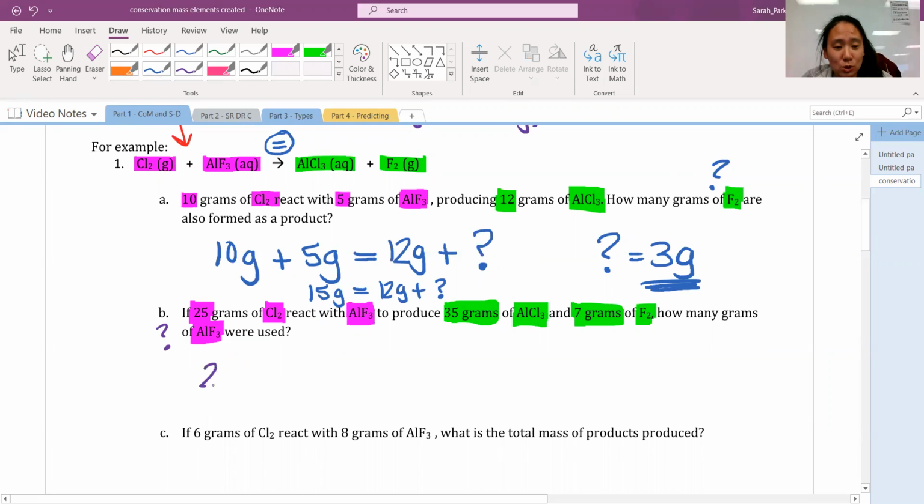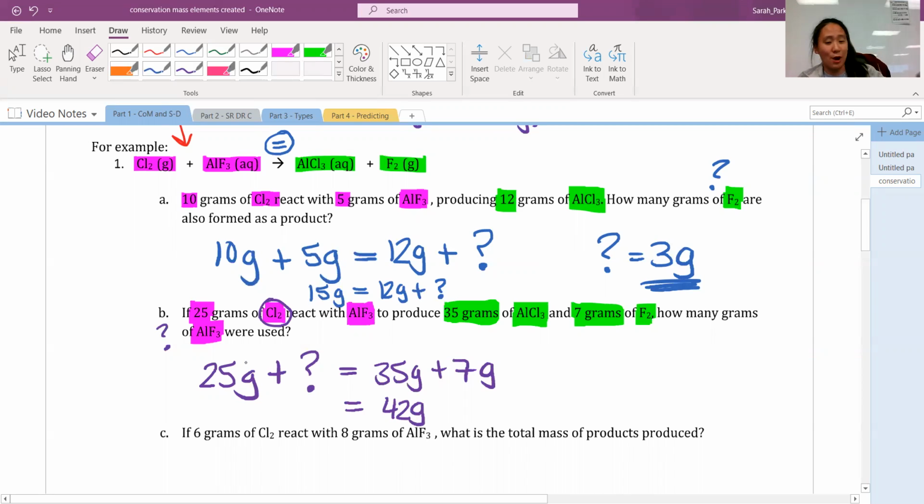You know you started with 25 grams, so you replace the chlorine here with the number 25, plus the unknown number, aluminum fluoride, is equal to what? You have 35 grams plus 7 grams, right? So you're doing the same thing. This right-hand side is equal to what? 42 grams. So how do we get 25 grams off to the other side?